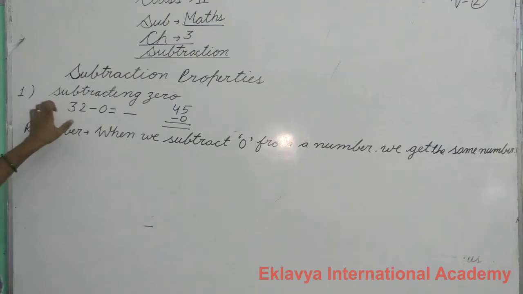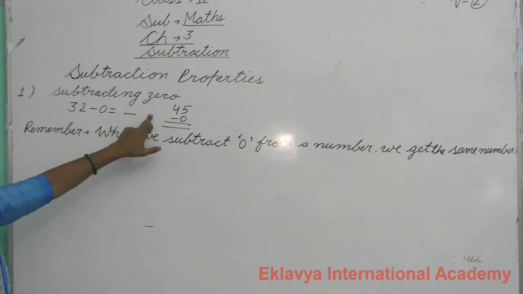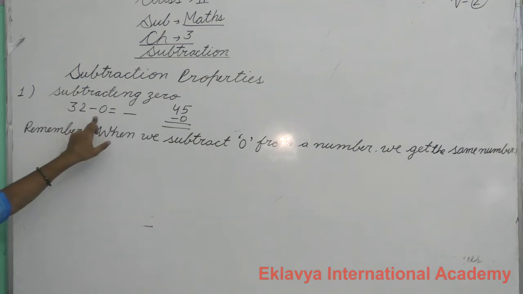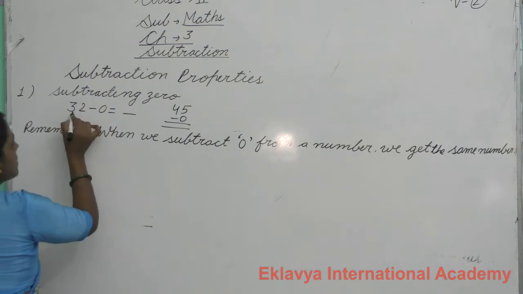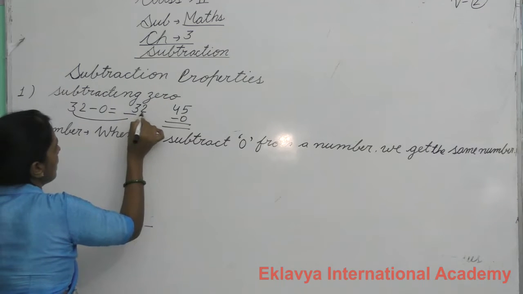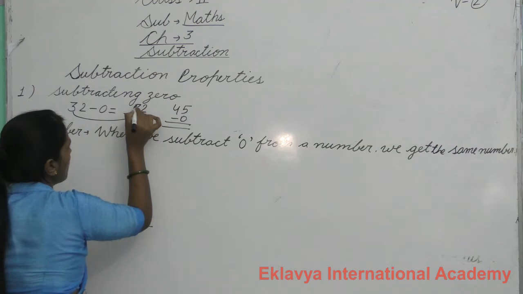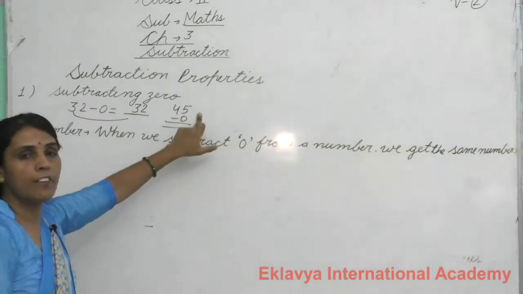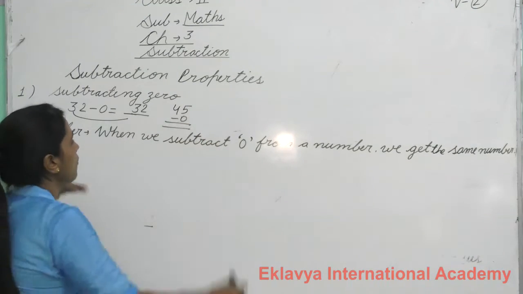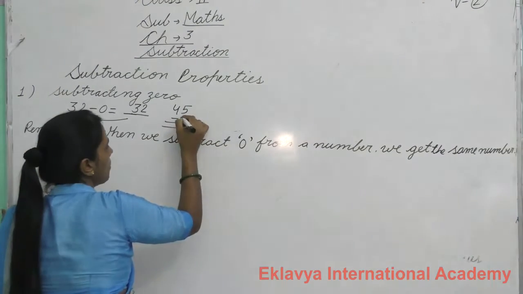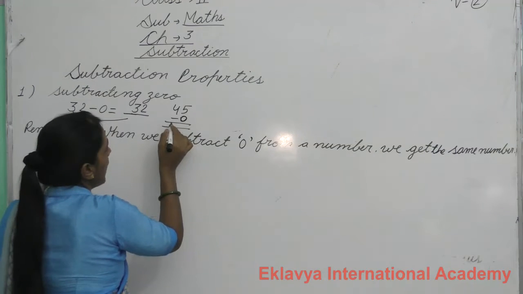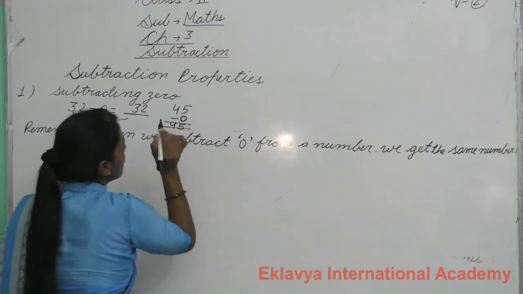Yes, students, we are talking about the 0 property. We have the number 32. We will subtract 0 from that number. We get the same number, as I told you in my previous lecture. You have 45 toffees and we subtract 0 from them. Which number will we get? We will get 45.